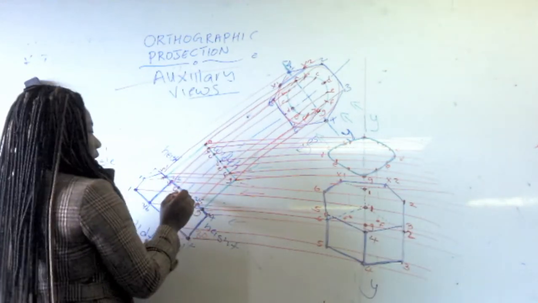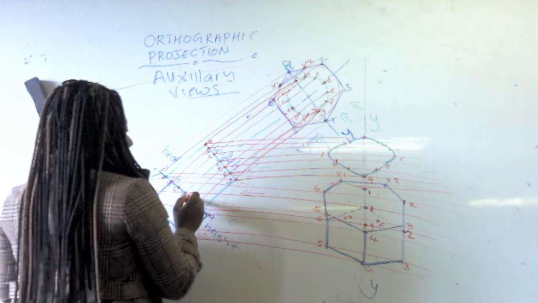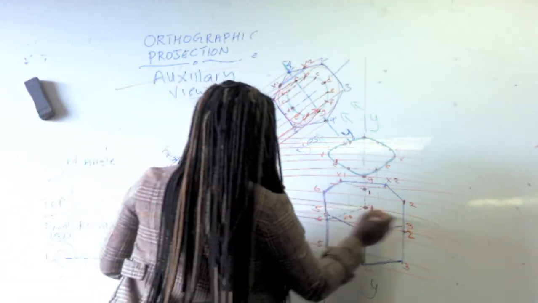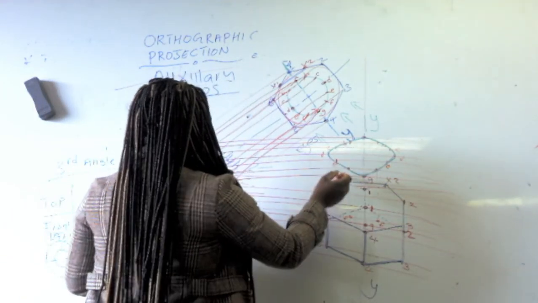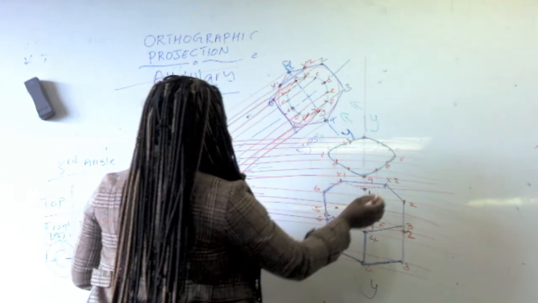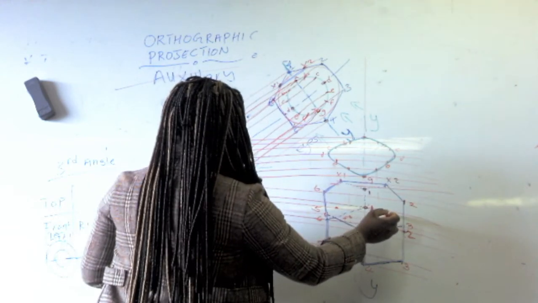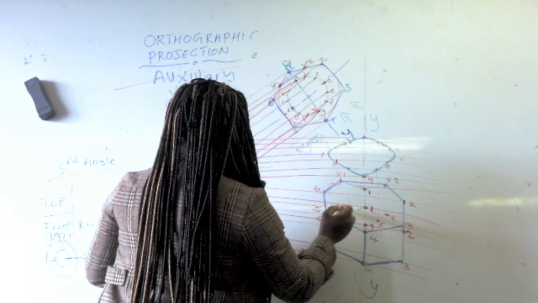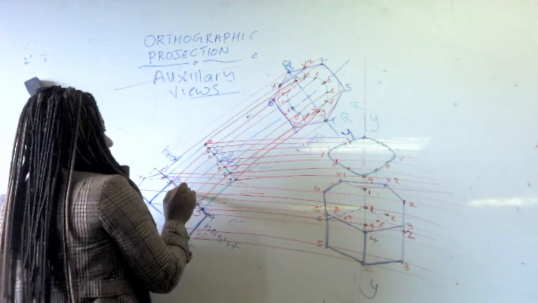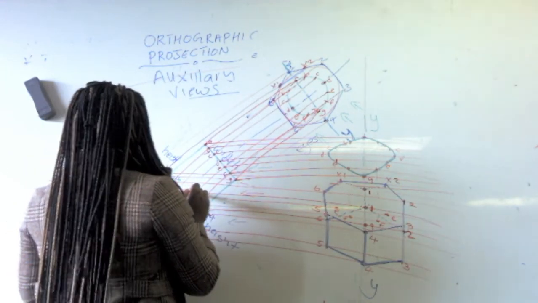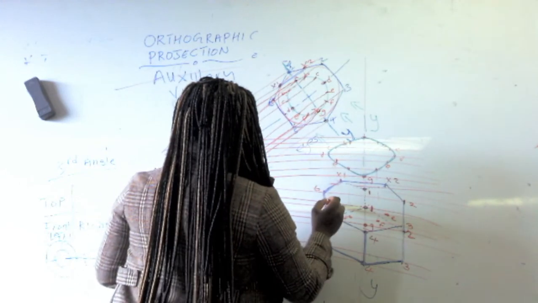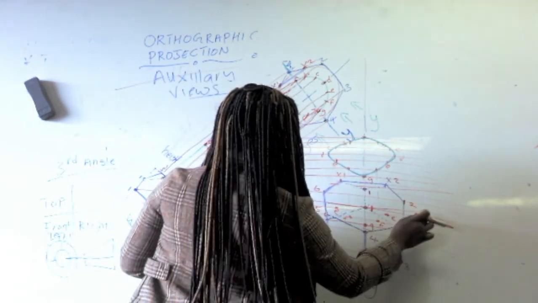Then you go to E. E must be in line with that E. On this line, in line with that E. Center line is the D. You go with that line. I'll use this line.